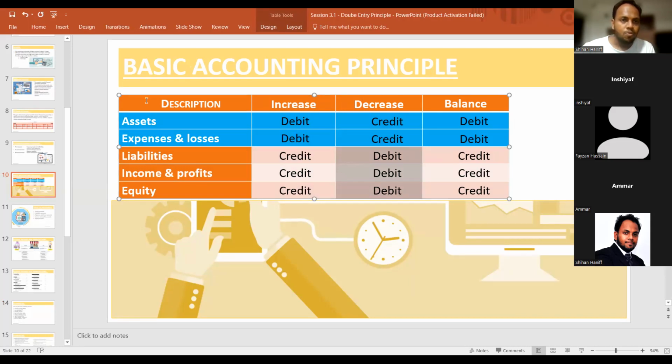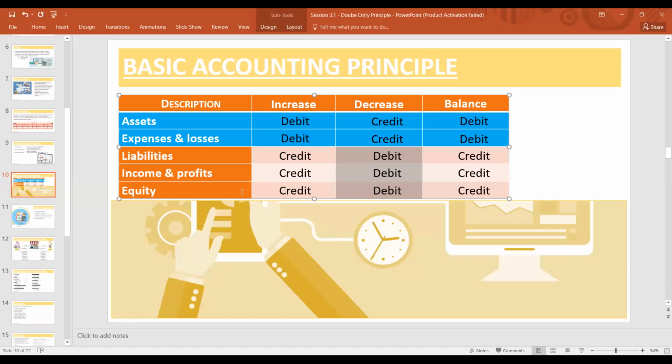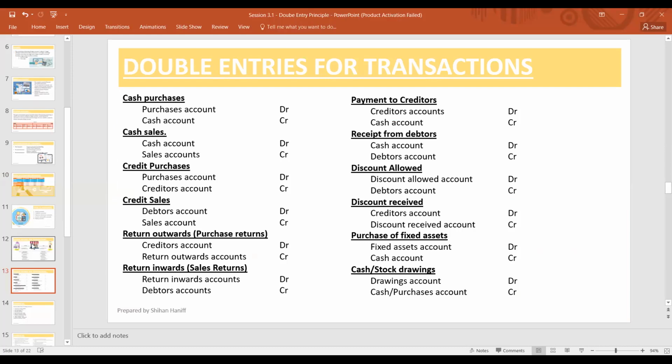That is how we derive the double entries. These are the basic double entries. If anybody needs more explanation, I will upload a video I have done explaining the complete double entry system and basic double entries. I will upload it in our Google Classroom.